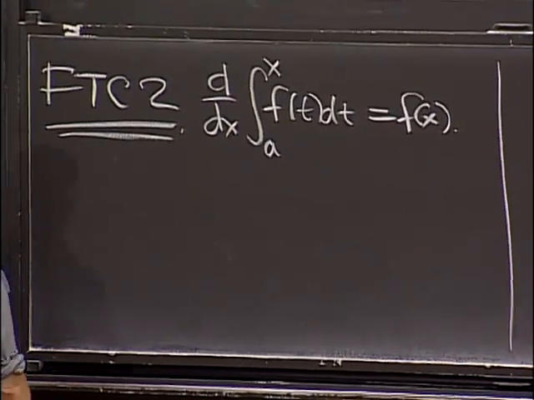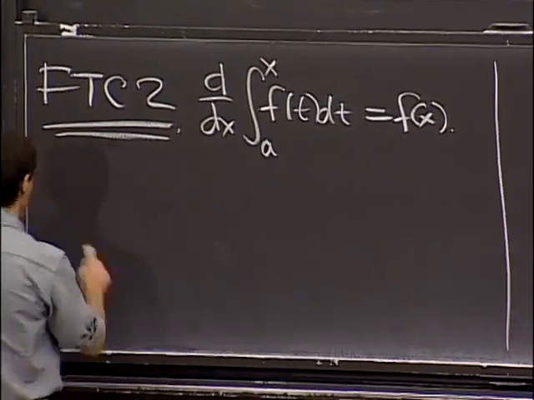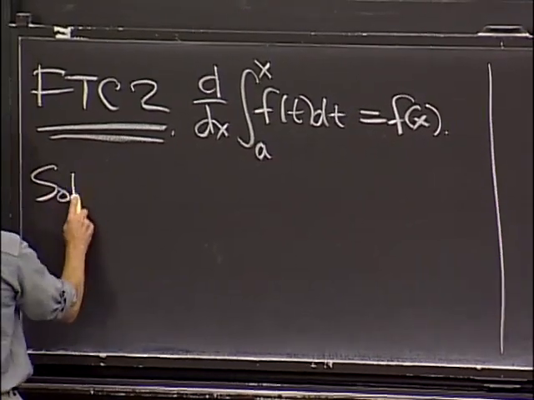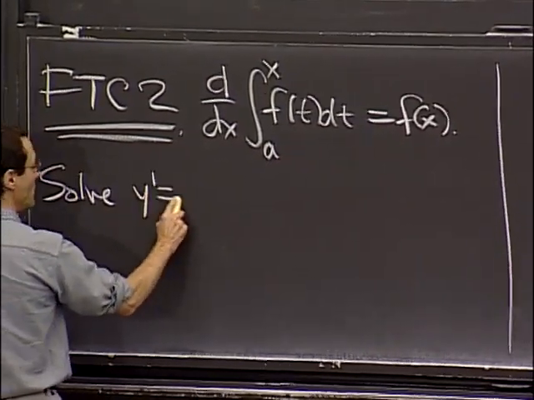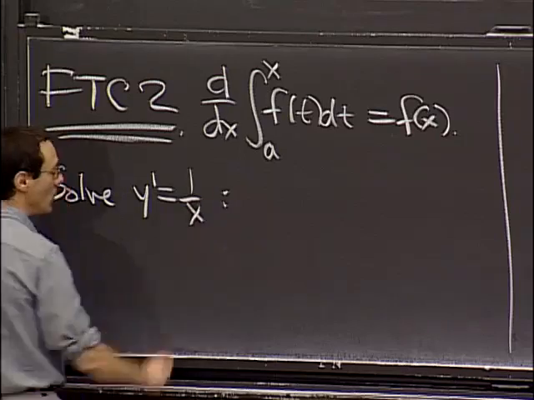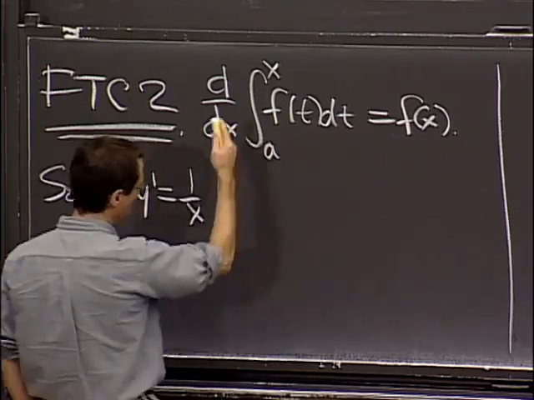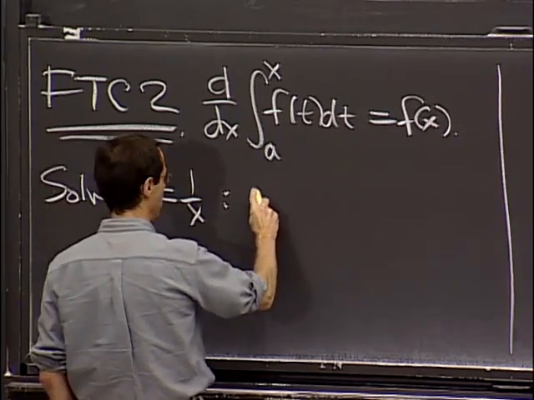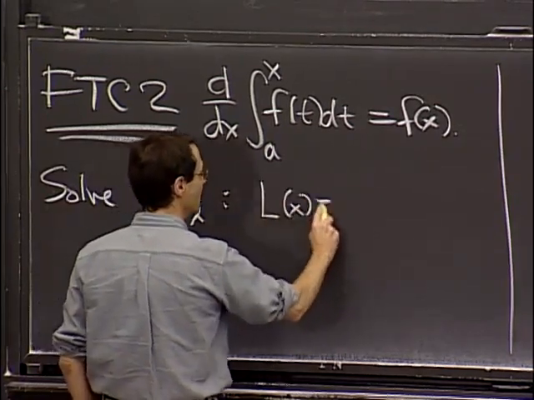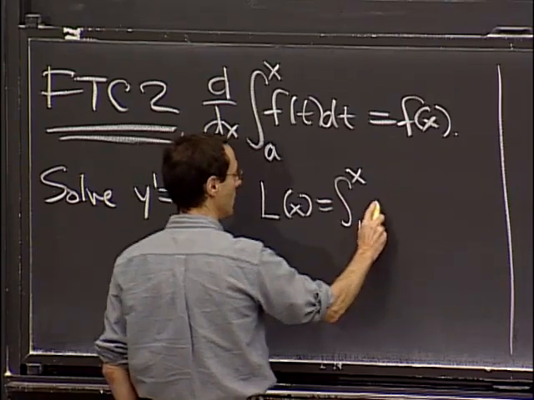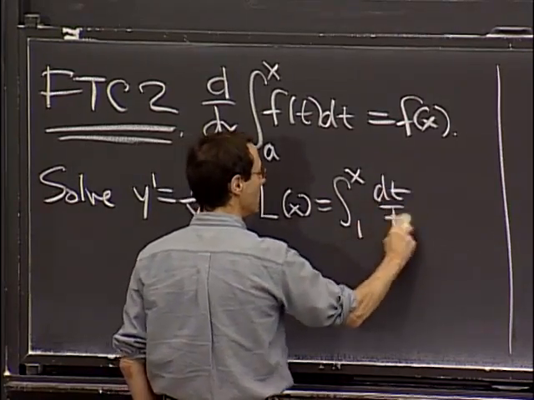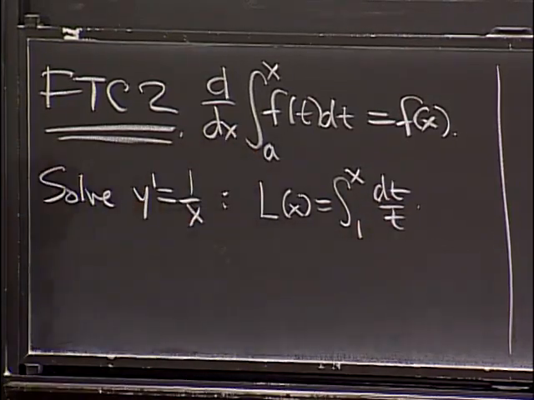And in particular, for example, we can solve the equation y prime is equal to 1 over x with this formula, namely using an integral. L of x is the integral from 1 to x of dt over t. The function f of t is just 1 over t.